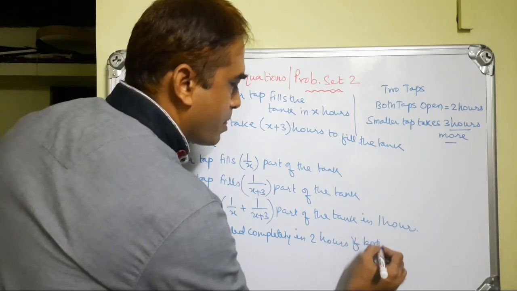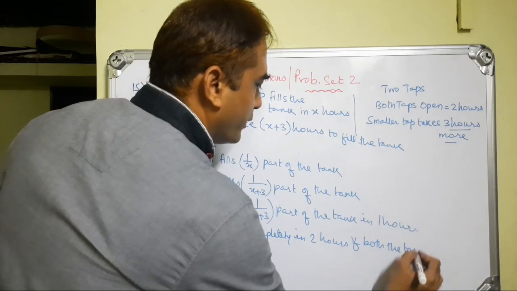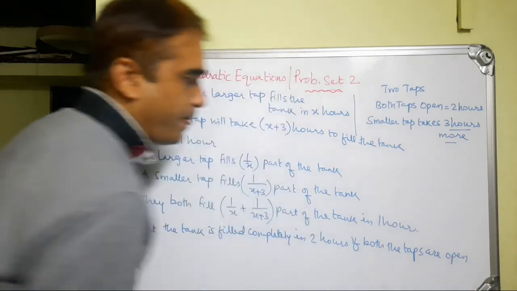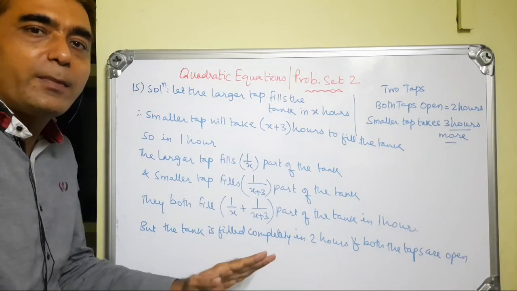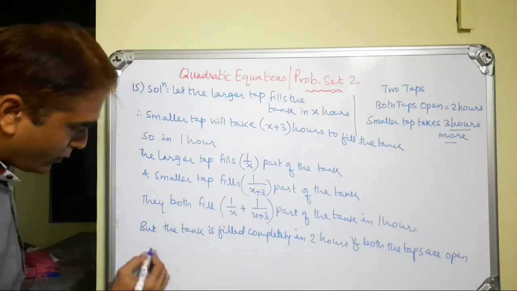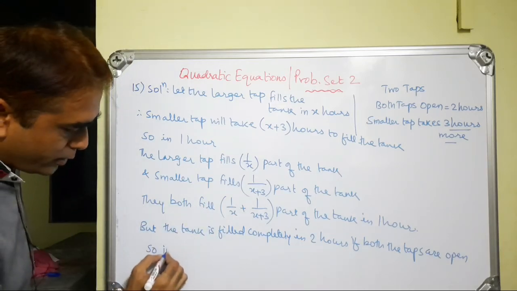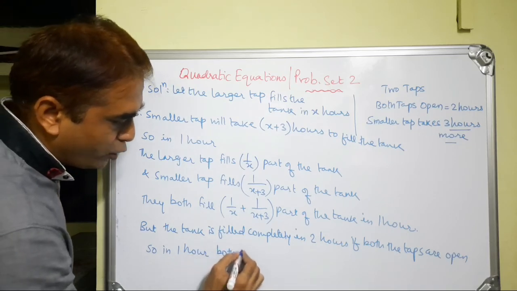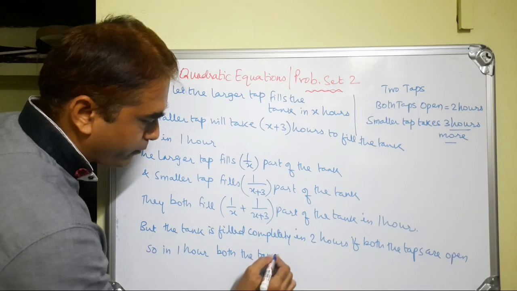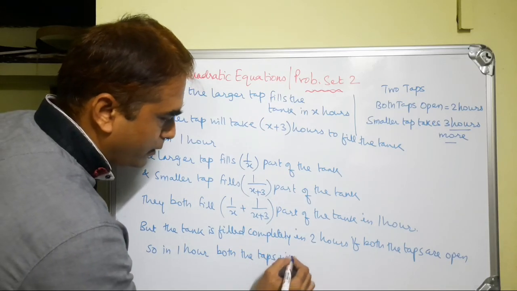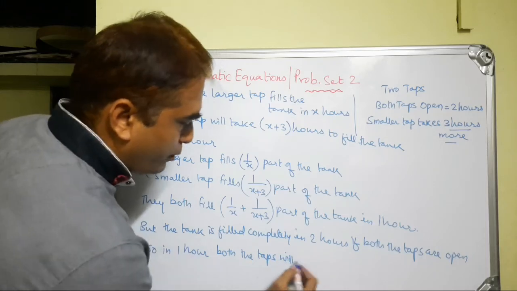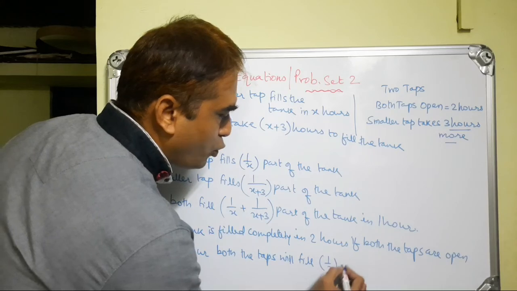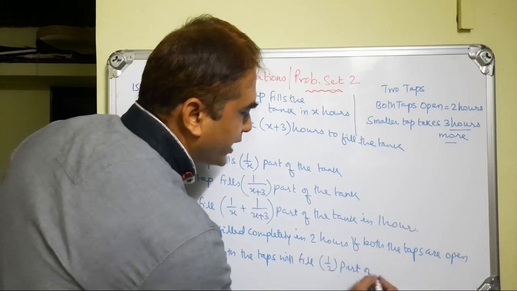If both the taps are open, the tank fills completely in 2 hours, so how much will it fill in 1 hour? Half the tank. So in 1 hour both the taps will fill half the tank, 1/2 part of the tank.